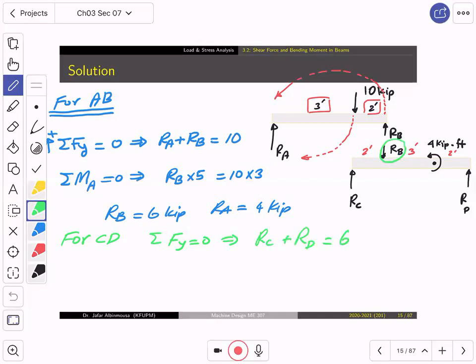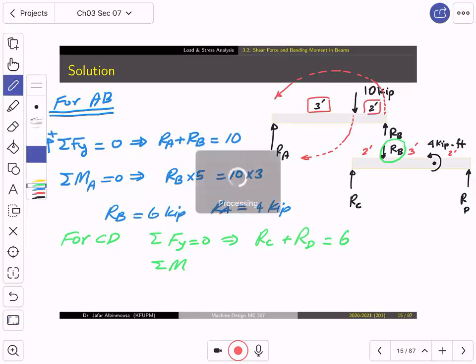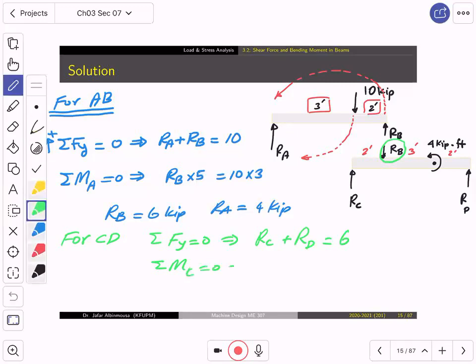Now, and then I will take the moment about point D, or no, I actually have the solution with the moment about point C. So let me stick to my solution. Okay, about point C, which is equal to 0.